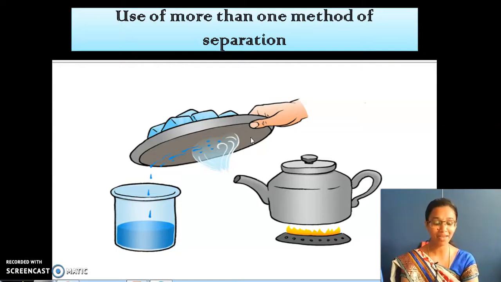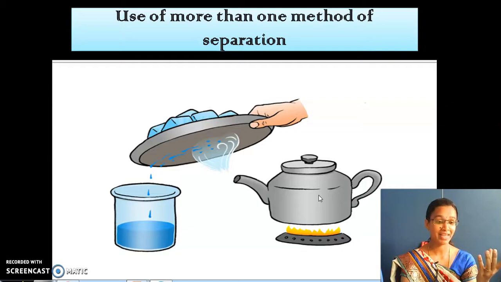So how to separate salt and water? Do you have any ideas? Shall I tell you? Yes. Now listen. The mixture of salt and water is first filtered using a funnel or a filter paper. So what happens?